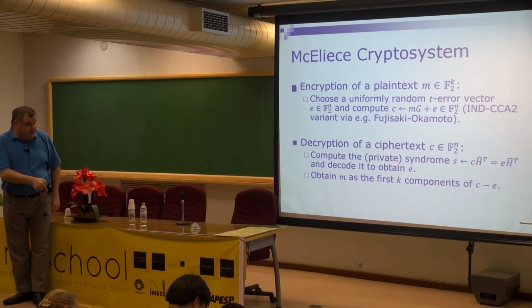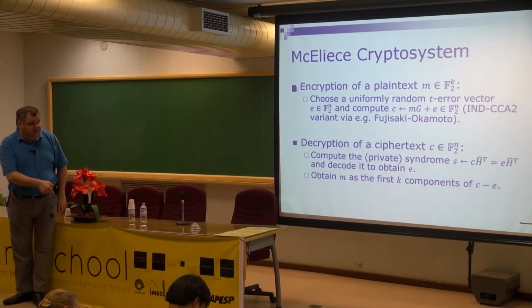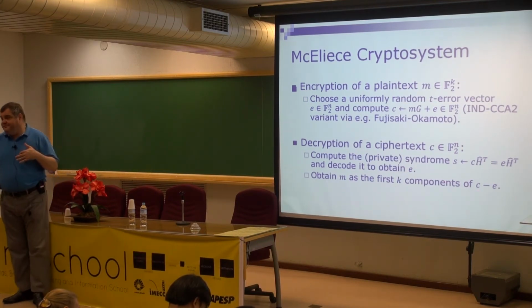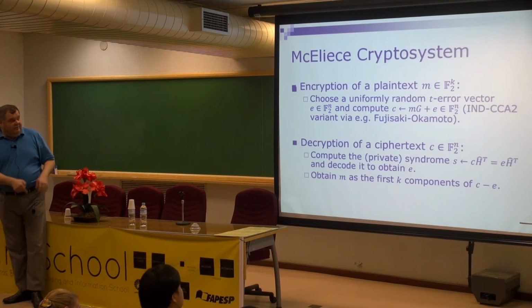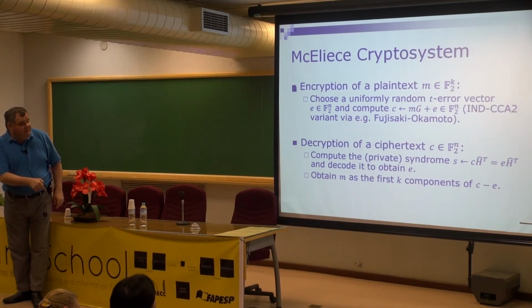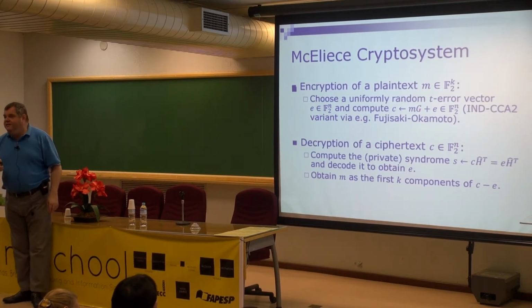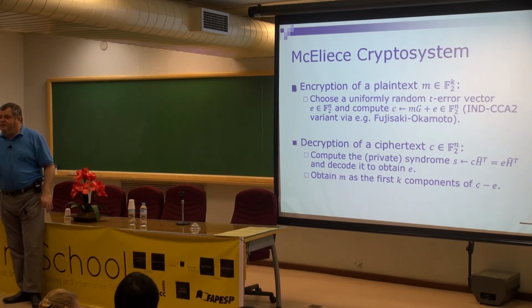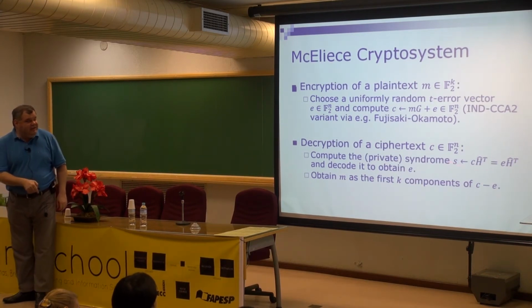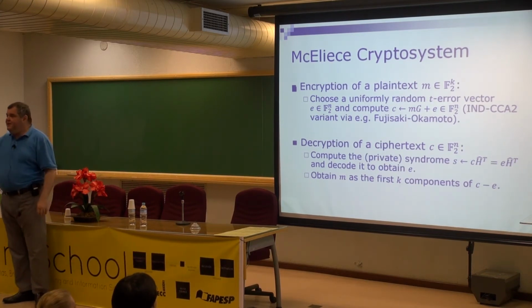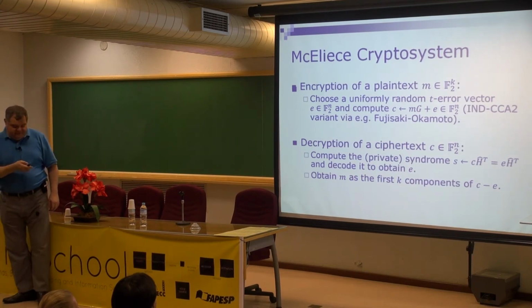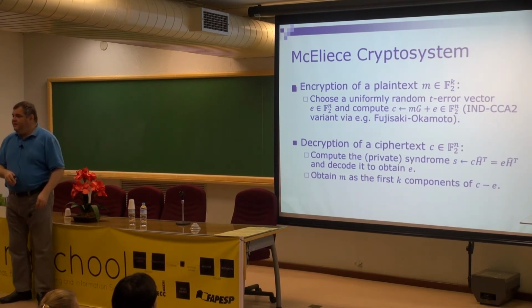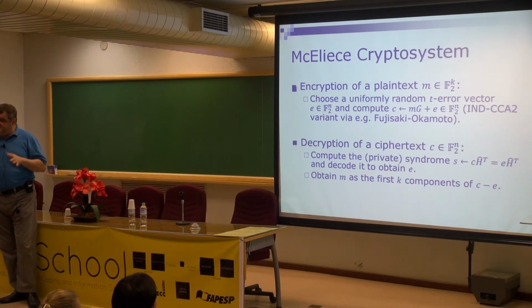So we recover the error pattern E. We remove the errors from the code word. And because we forced G to be a systematic generator matrix, we can simply read M from the first K components of C minus E. And that's it. It's very simple.